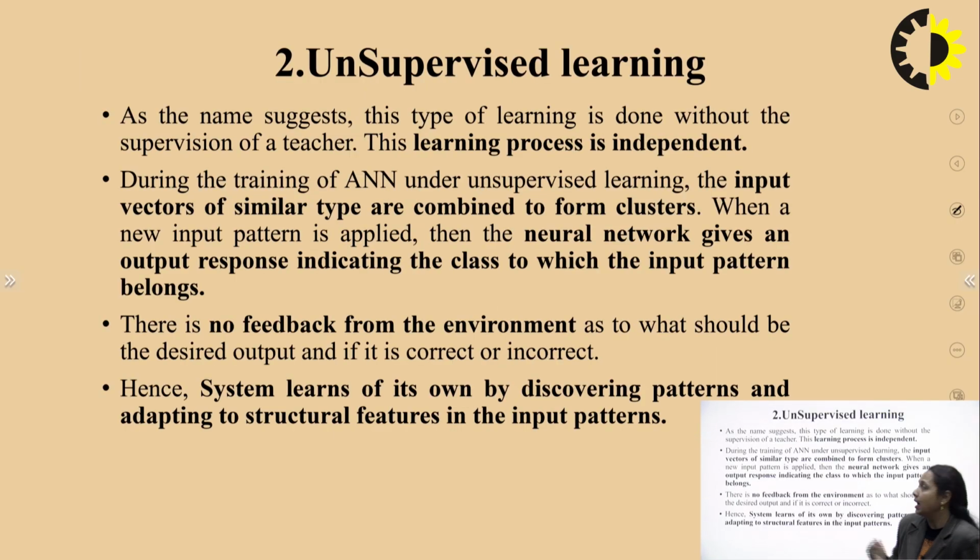Next is unsupervised learning. As the name suggests, in unsupervised learning we are not providing any kind of feedback to the system. The machine has to decide on its own whatever is happening. So there is no feedback from the environment.